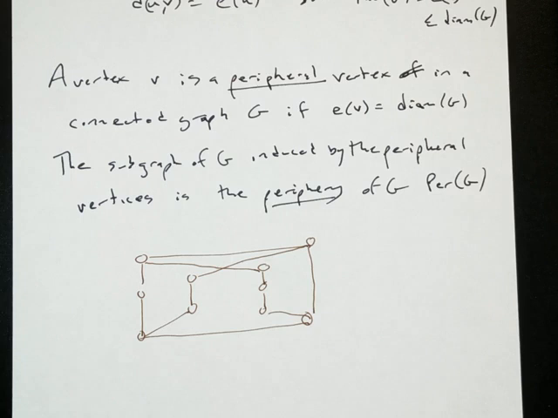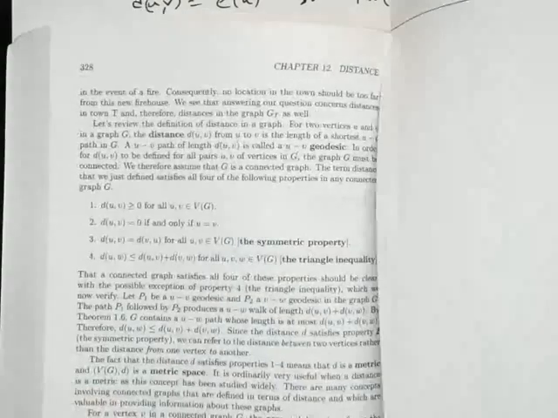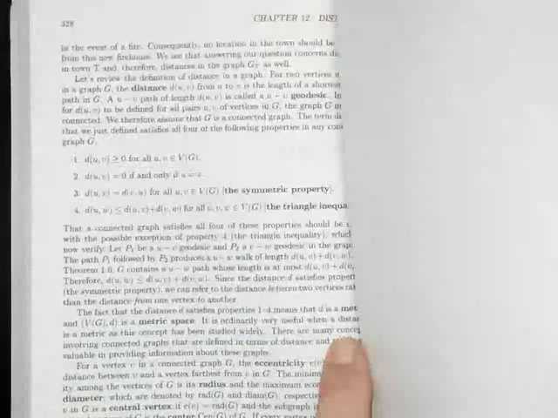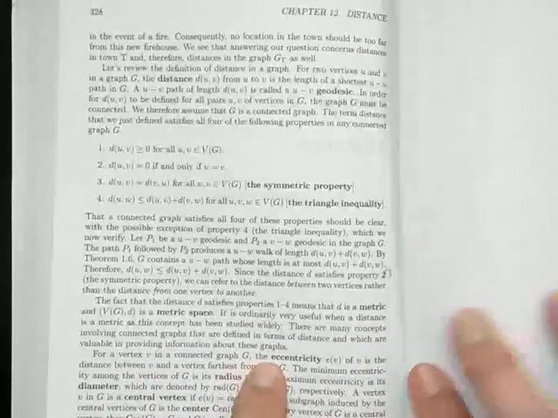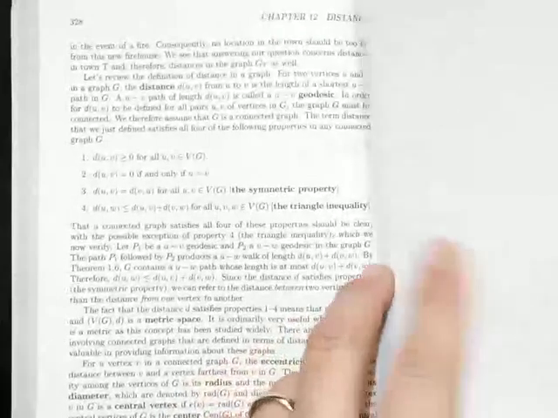Definition of eccentricity is the shortest of the longest paths. The eccentricity of V is the distance between V and a vertex furthest from V in G. So you have to know how far the furthest away things are.